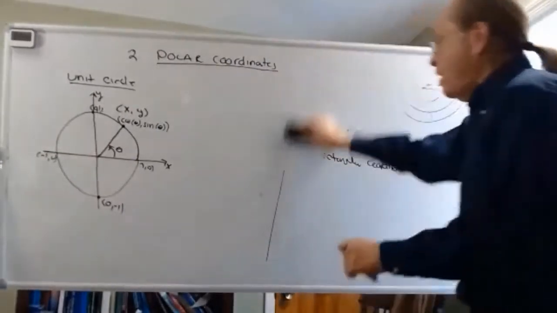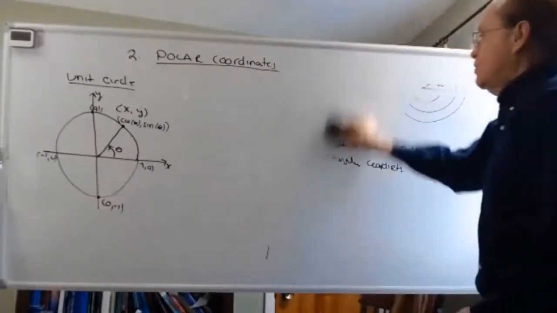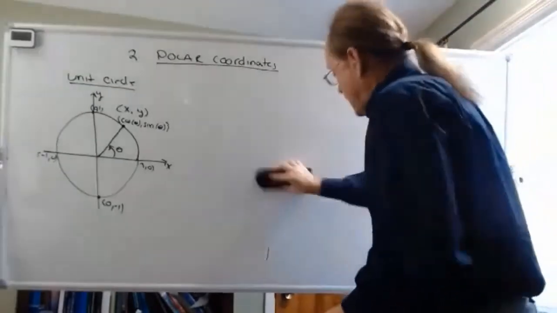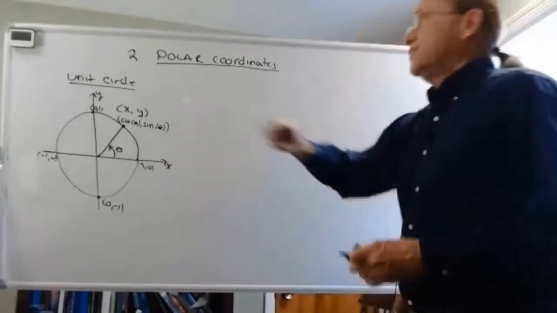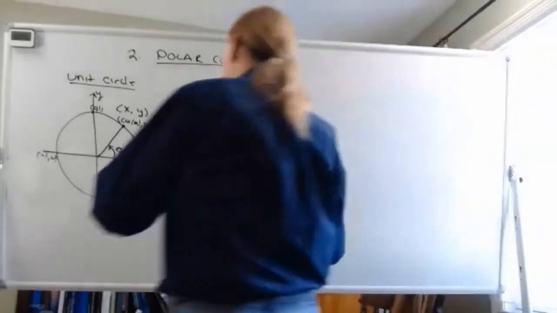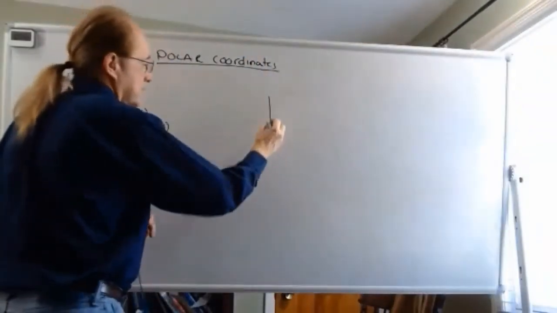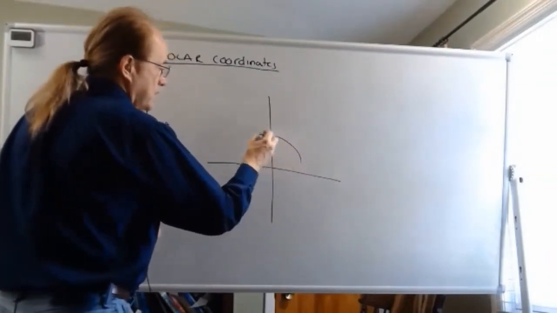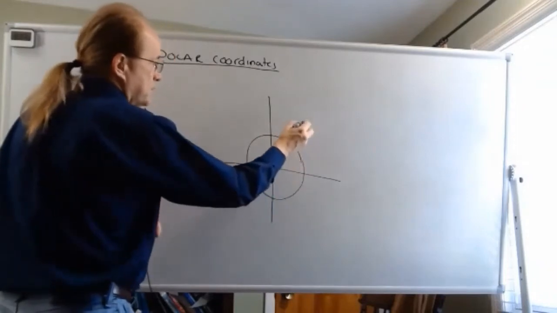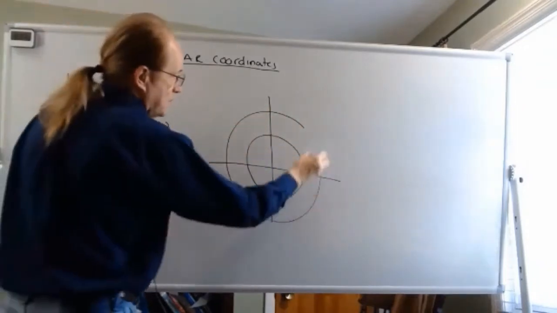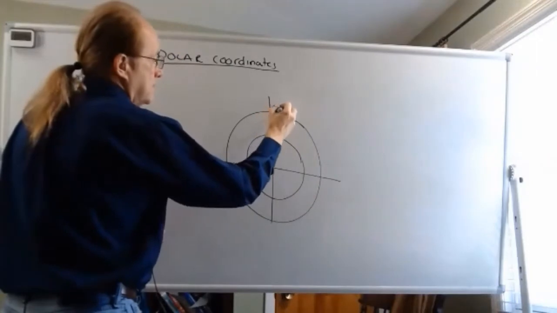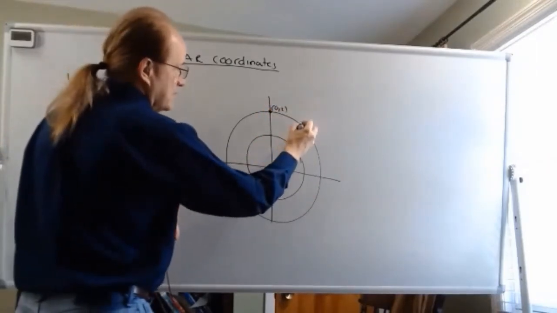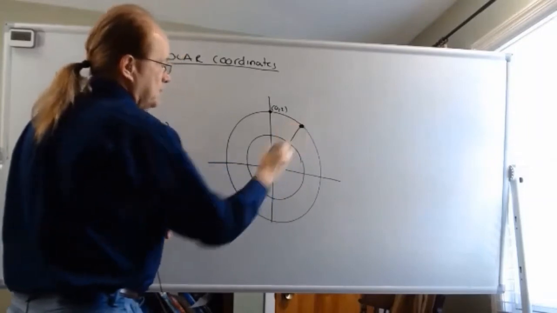You can partly see the polar coordinates trying to expose themselves and come out in this sort of formulation, because you could go beyond the unit circle. Here's my circle of radius 1, but you could go out to a circle of radius, say, 2. And might have something that looks like this. And that's the point I'm looking at.